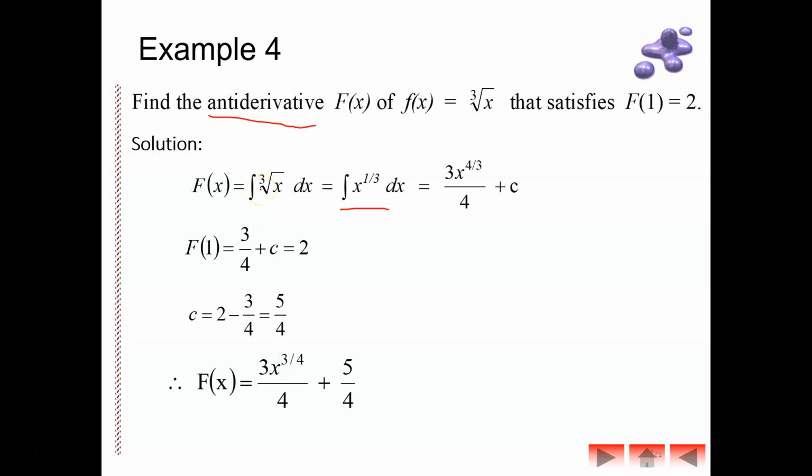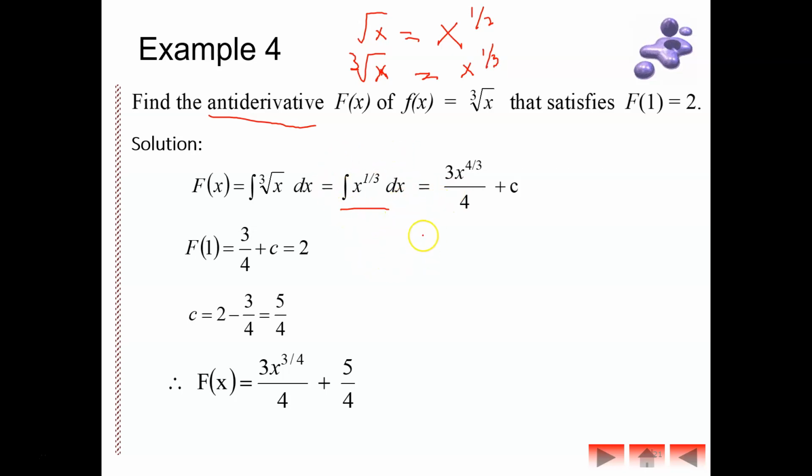Since it has the cube root, you have x to the power of 1 over 3. Remember just now, when we have square root of x, you will have x to the power of 1 over 2. When you have the cube root, you will get x to the power of 1 over 3. Like that.